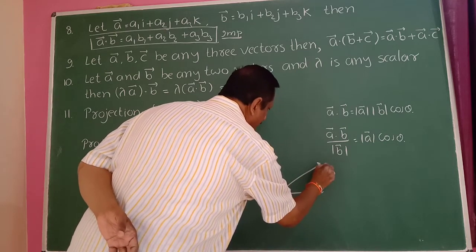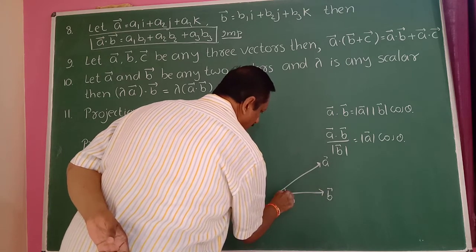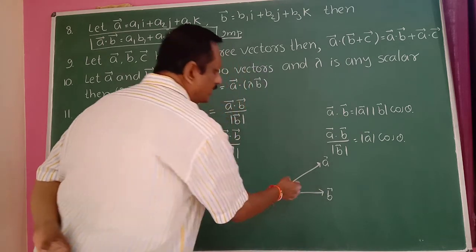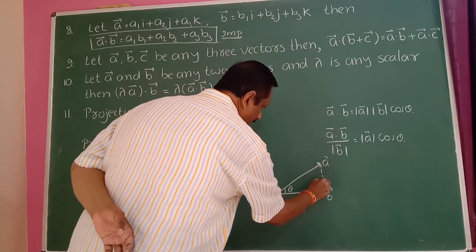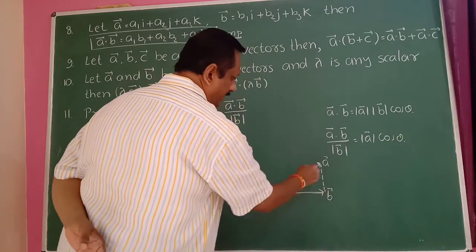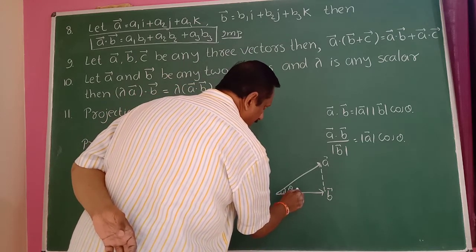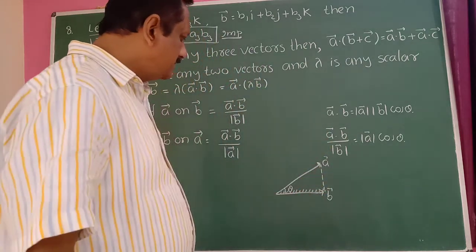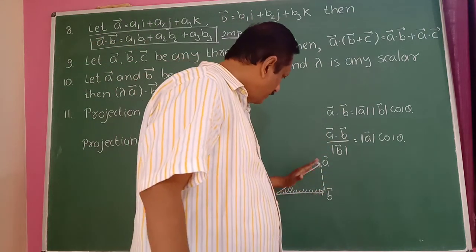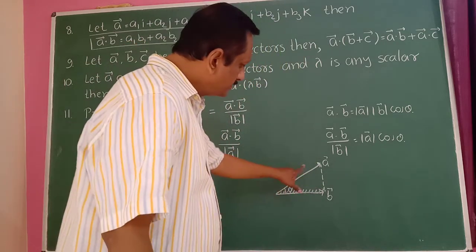So consider this vector A bar here, and this vector is B bar. So theta is the angle between the two vectors. You just draw a line perpendicular to B bar here. This is the modulus, meaning the projection of A bar on the vector B bar. You just observe this triangle.